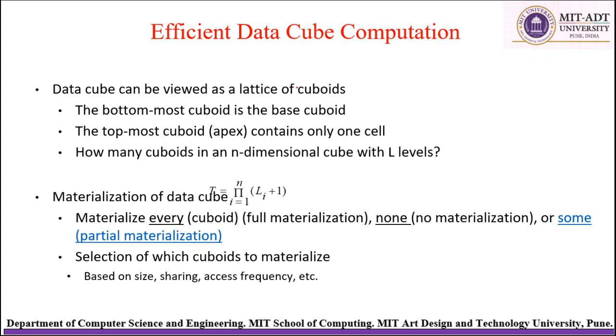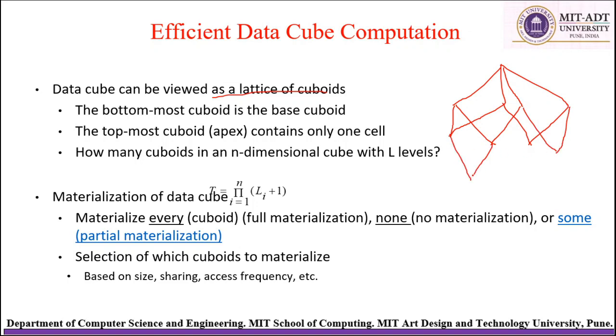So, efficient data cube computation. The data cube can be viewed as a lattice of cuboids. So we are seeing there is all at the apex, that is the 0 dimension. Then we have one dimension, after one dimension we have two-dimensional representation, after two-dimensional representation we have three, and like this it is forming the structure called a lattice.